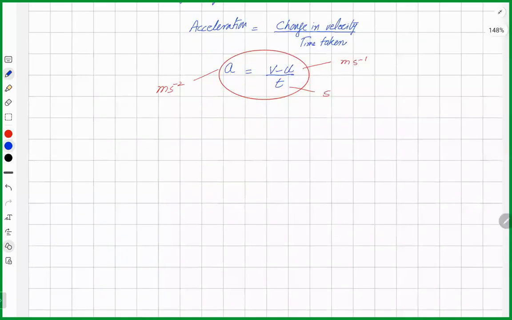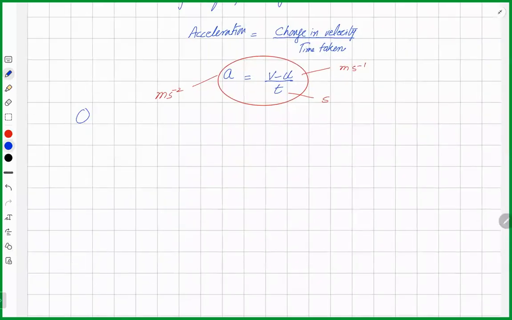For example, if I question, a car is moving with a uniform acceleration of 2.0 meter per second square.